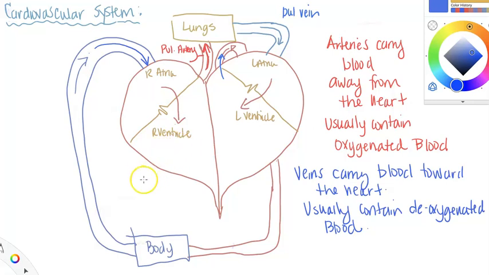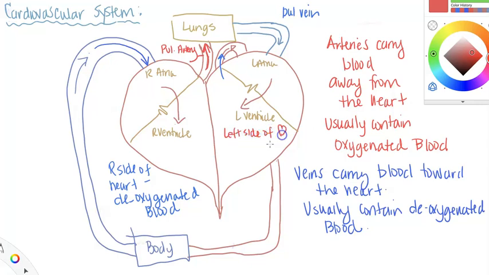So the right side of the heart has deoxygenated blood, and the right side of the heart, or excuse me, the left side of the heart contains or deals with oxygenated blood.